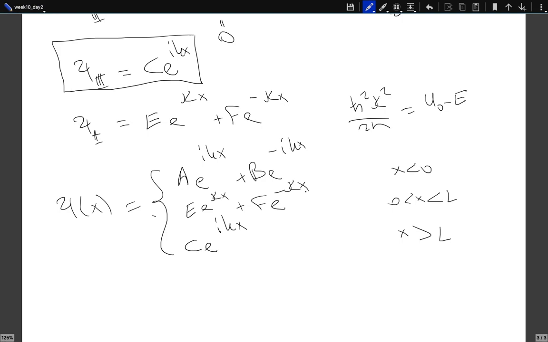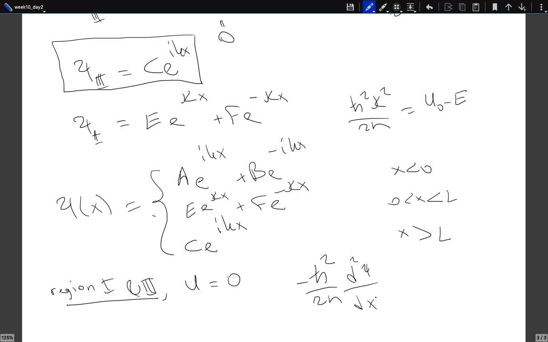Why kappa but not k? Well, you see, in region 1 and region 3, the potential is 0. So the Schrödinger equation is just this one, E psi.